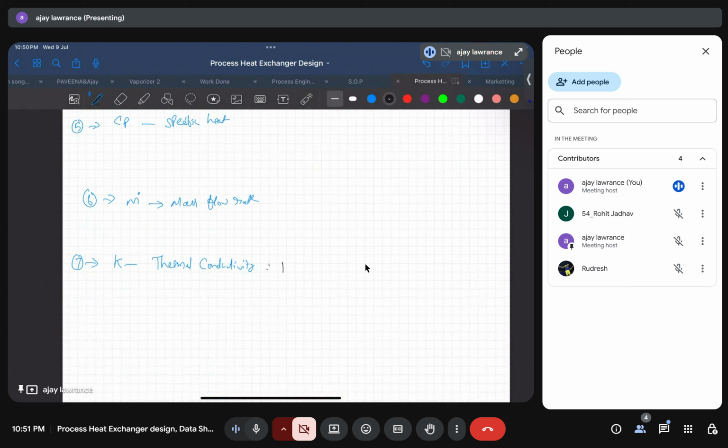It is the ability of the material to conduct heat. This is thermal conductivity. For example, you are students and I'm teaching you, I'm giving you my 100%.